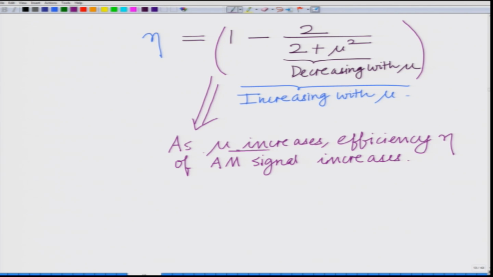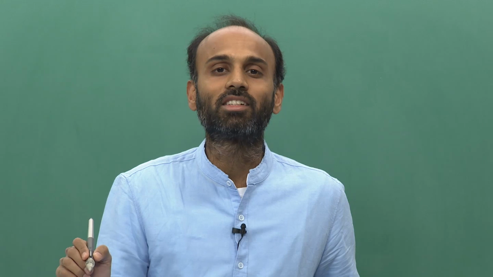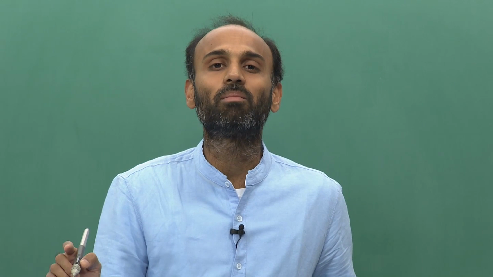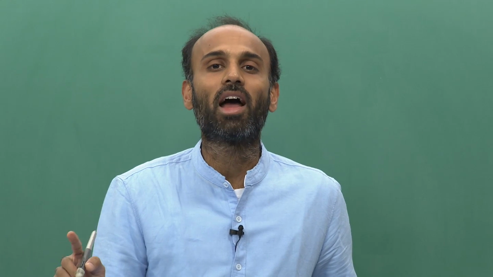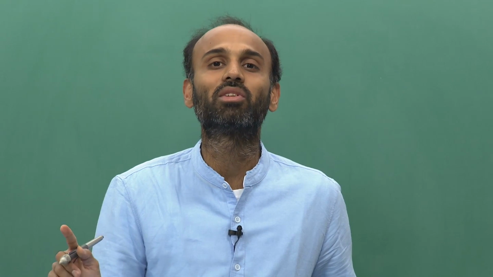This is important to remember. Now, however, interestingly, remember, for envelope detection, the modulation index mu has to be less than or equal to 1. If mu is greater than 1, the signal becomes over modulated. Therefore, the maximum value mu can take is 1.